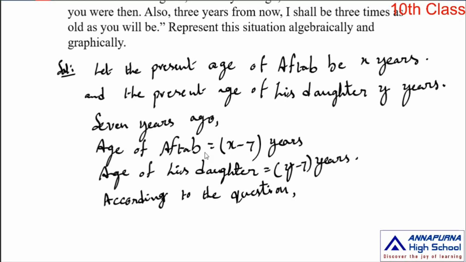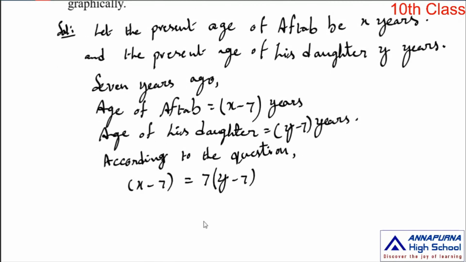So 7 years ago Aftab's age was x minus 7 and his daughter's age was y minus 7. That means mathematically we present that situation like this: x minus 7 is equal to 7 into (y minus 7).